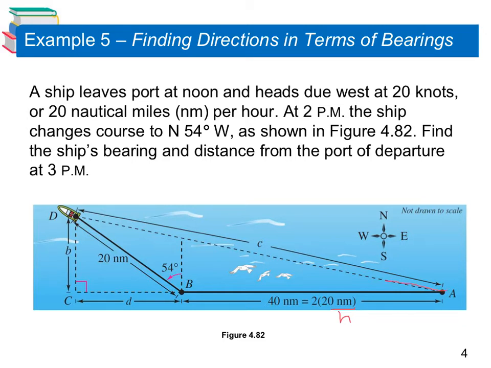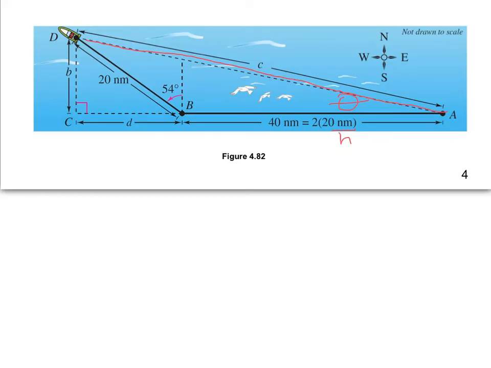We want to know this distance and this angle. So let's look at this picture and pick out what we can solve for. Let's see. I know the 54 degrees. So I can figure out this angle because that's 90 minus 54.